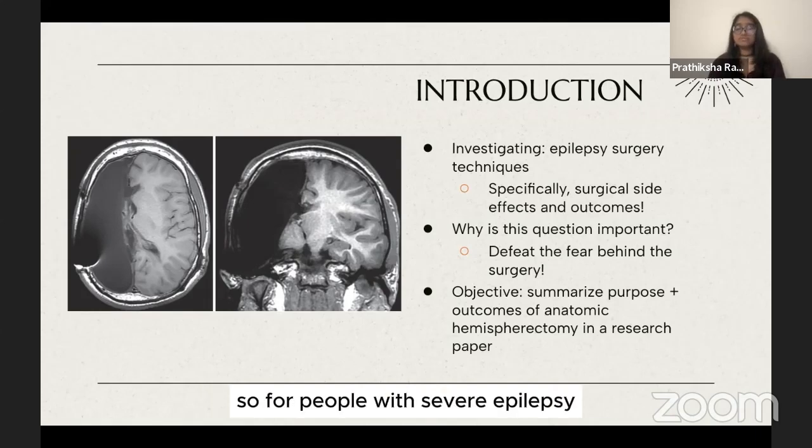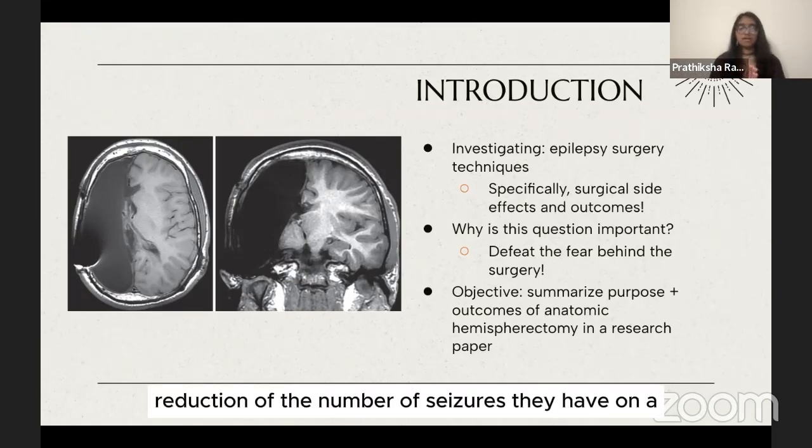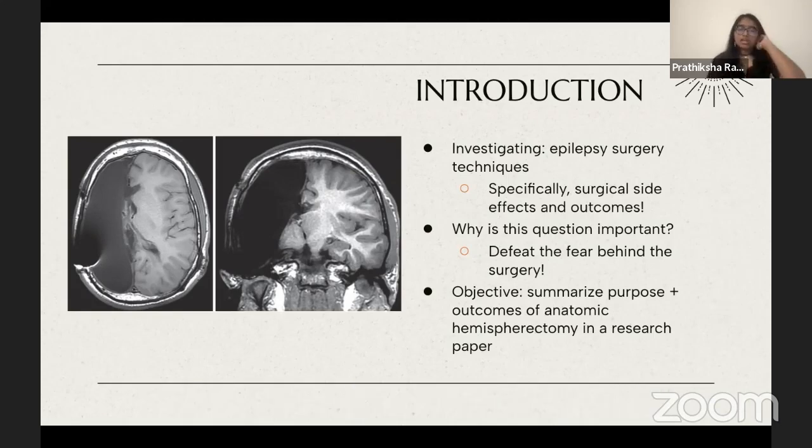So for people with severe epilepsy, they might undergo this procedure to remove that entire hemisphere so that they can be able to function in their daily lives without seizures or with a drastic reduction of the number of seizures they have on a day-to-day basis.